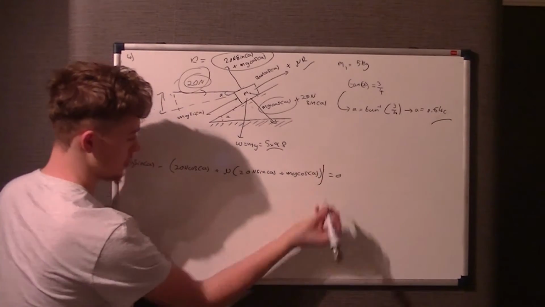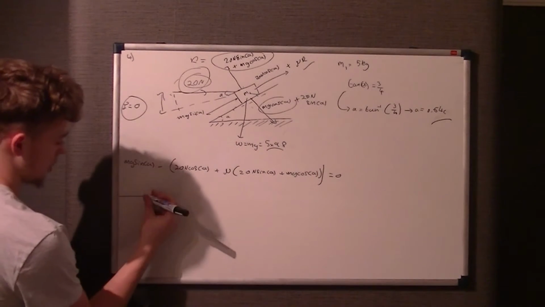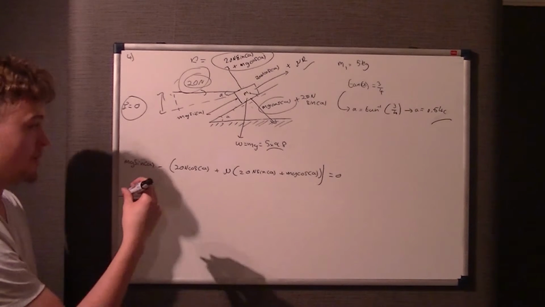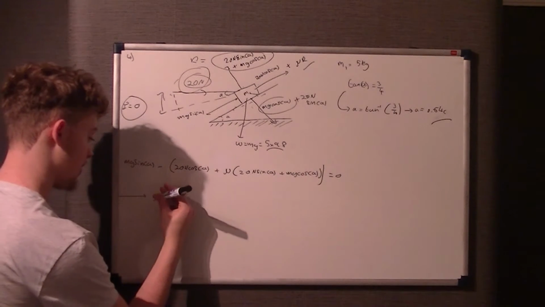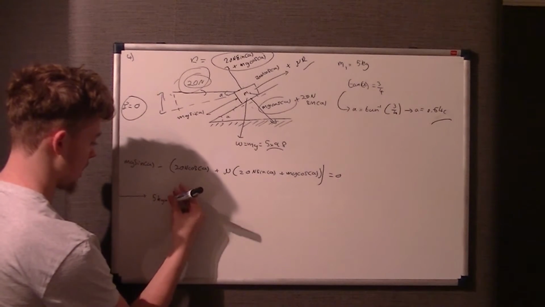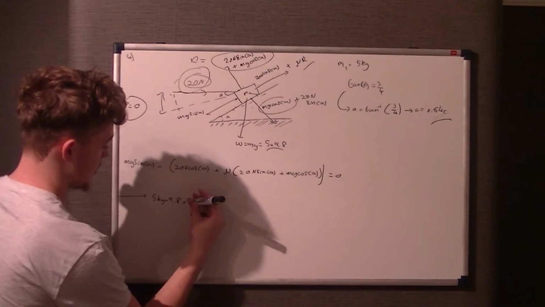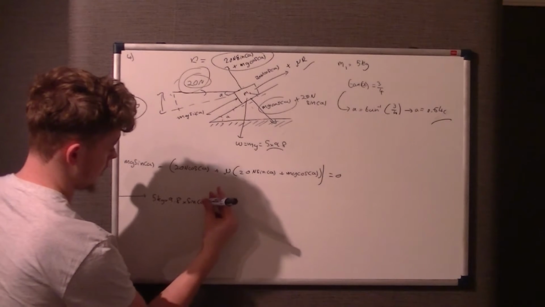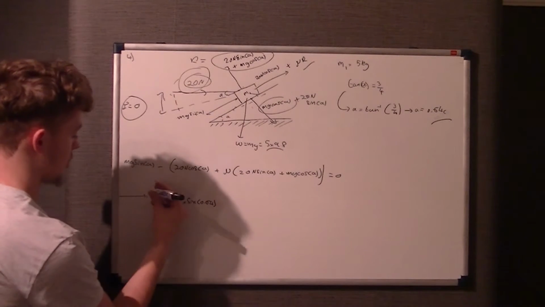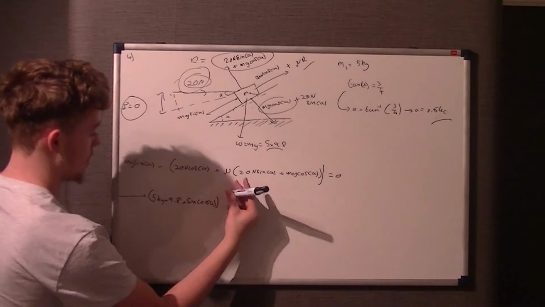So what you do now is sub in what you know. Obviously m is 5 and g is 9.8. So it's 5 kilograms times 9.8 times the sine. As I said, you could do it in degrees if you want, but I've done it in radians, so I've got 0.64. So square bracket that off.